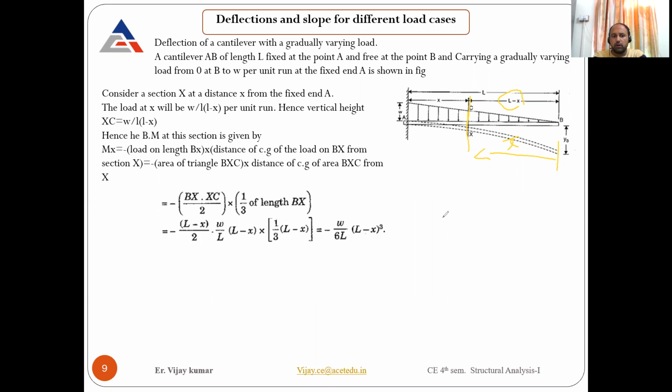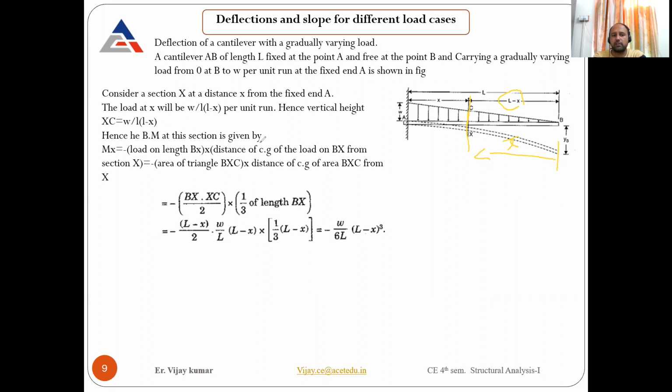Let me consider a section at a distance X from A. The load at X will be W per unit run, W by L. Hence we need to find the vertical height at this end.